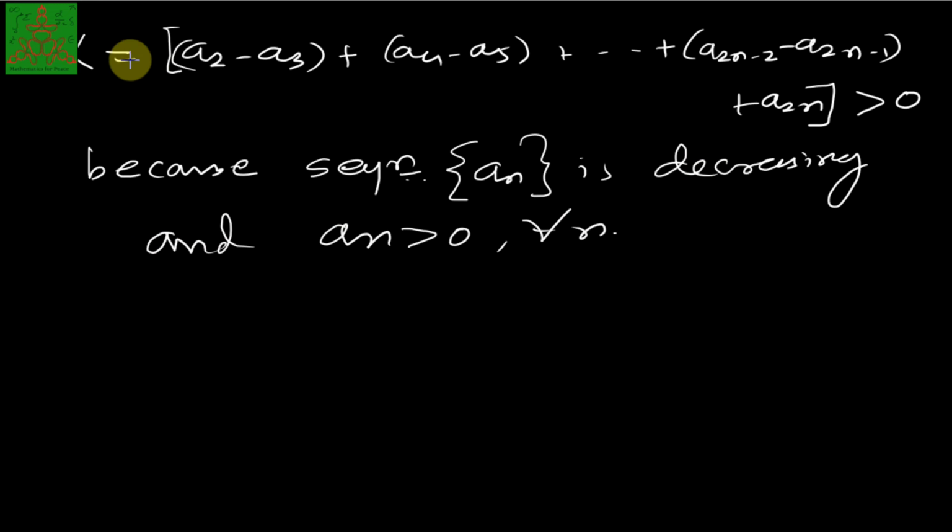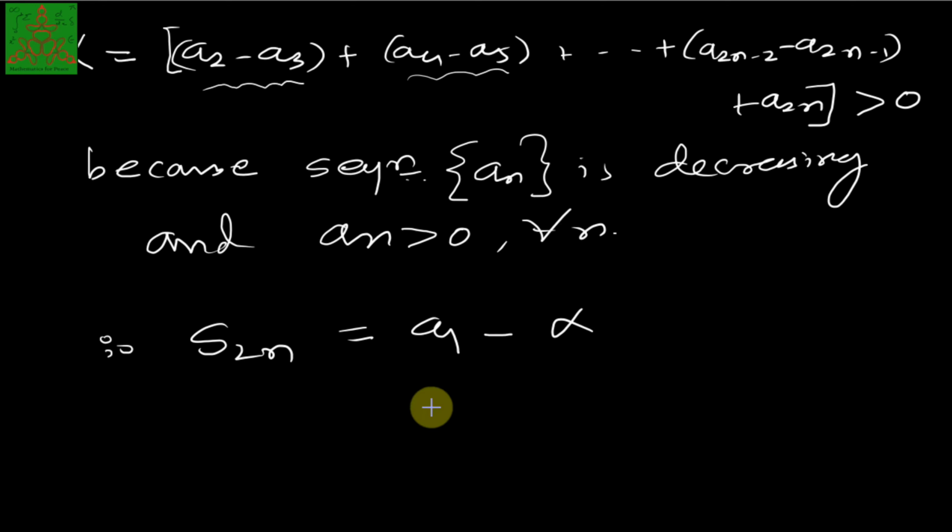So a2 is bigger than a3, a4 is bigger than a5, so each difference is positive, and it is a sum of positive numbers. That's why this alpha is positive. And from the previous one we can note that S_(2n) is equal to a1 minus alpha. So I can say this is less than or equal to a1, for every n. Since alpha is positive, we are subtracting some positive value from a1, so we'll have this.